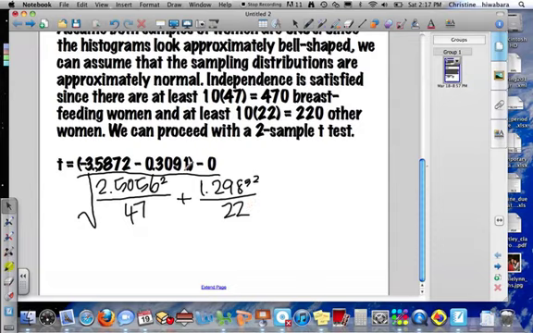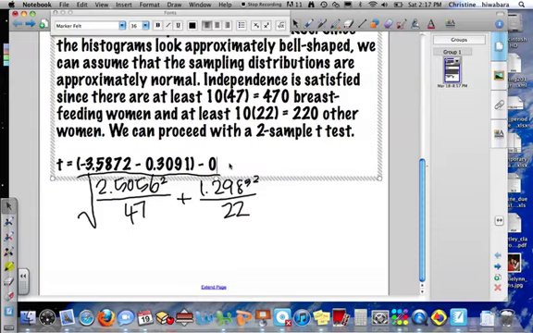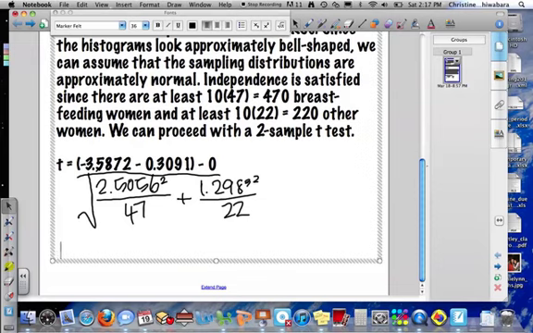Okay, and this value over here is going to equal our test statistic, which is negative 8.4985.